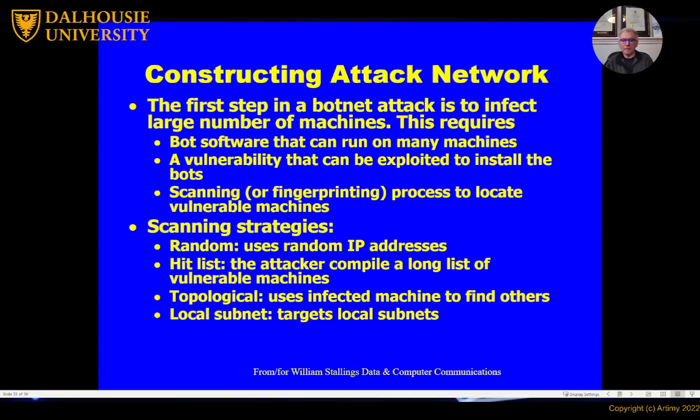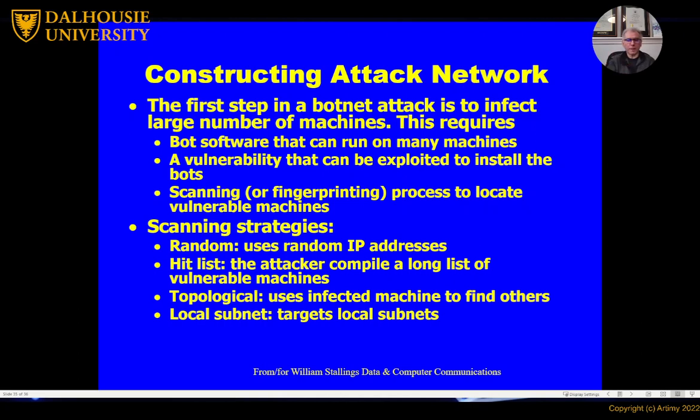Or I could compile a long list of vulnerable machines. I scan the network slowly, find out which machines are vulnerable, accumulate this information, and then I have a list that I use to attack. I could use a topological approach, so I attack a network, and that network is connected to another network.